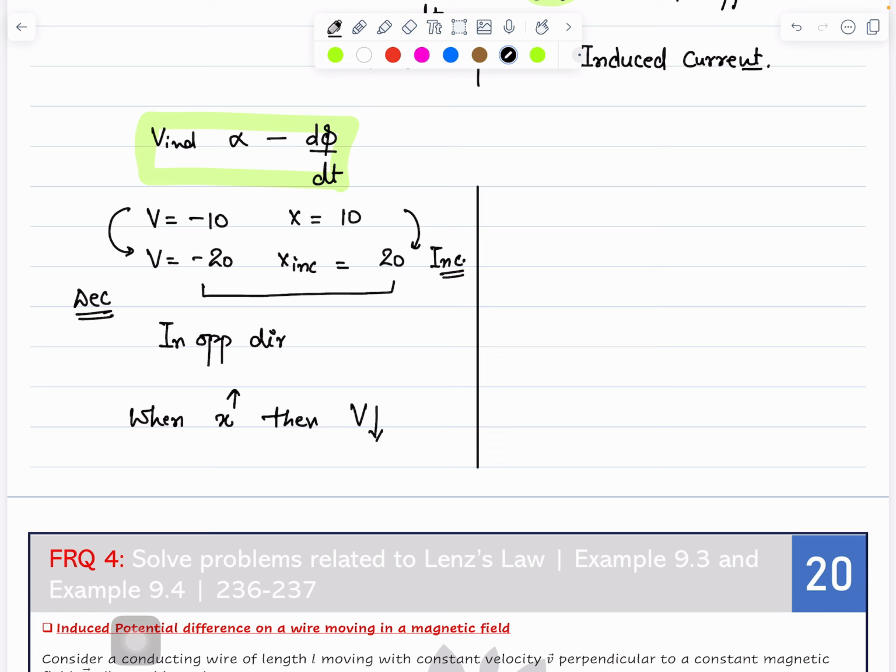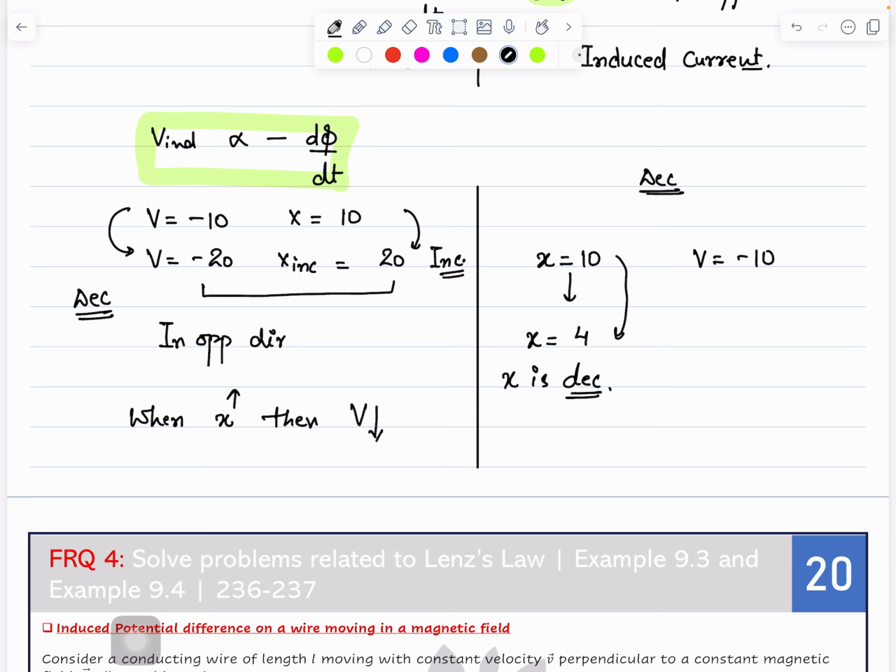Now this is a case of decrease. Let's say x is 10, V is negative 10. Now x is 4. Can I say x is decreasing?